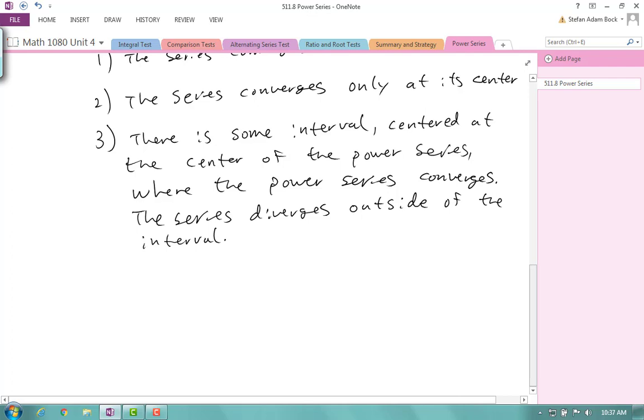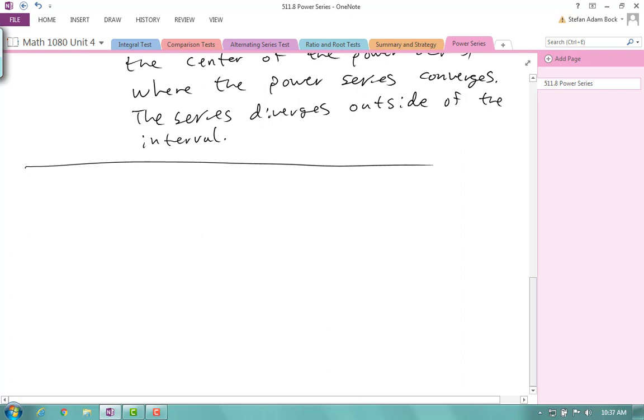So how do we determine that? Well, with power series, it's pretty much always the root or the ratio tests. For example, if I had a basic power series, n equals 0 to infinity, let's have x minus 1 to the n divided by n.